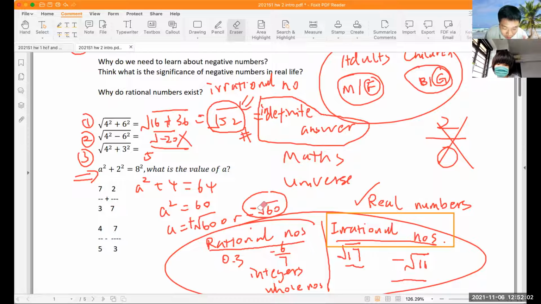Negative square root is okay. Square root negative is not allowed. So negative square root 60, positive square root 60, they are both allowed because these two are what? Irrational number. So you can use irrational numbers to represent a.